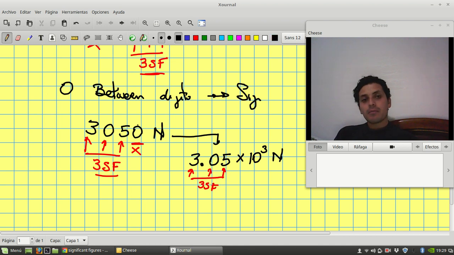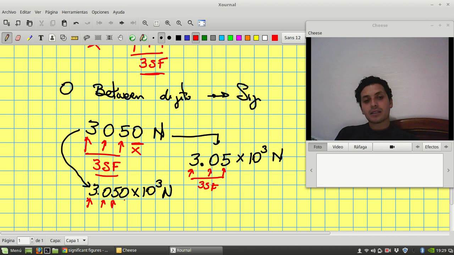Or maybe we can write it as 3.050 times 10 to the third power newtons, where we have a digit, 0 in between, and 0 to the right of a decimal point, so it means four significant figures. This is a more accurate measurement than this.